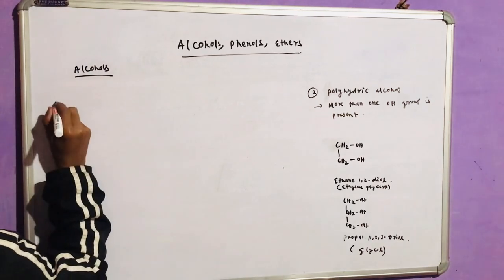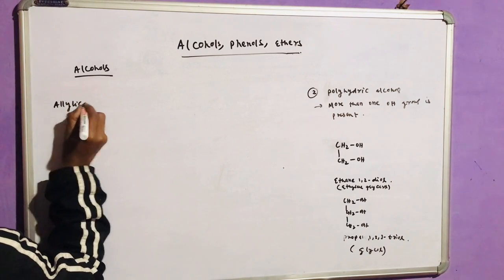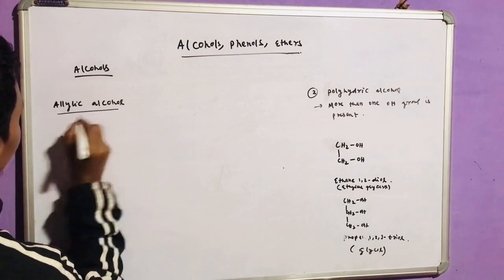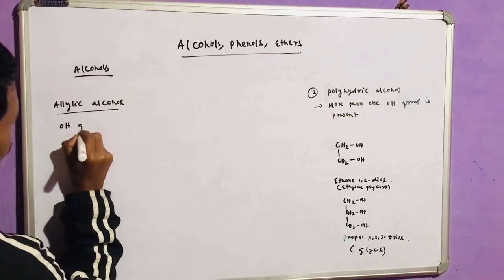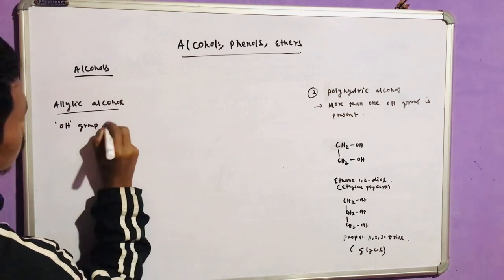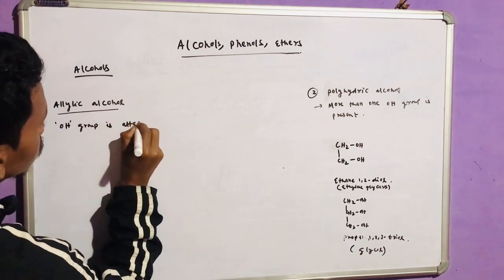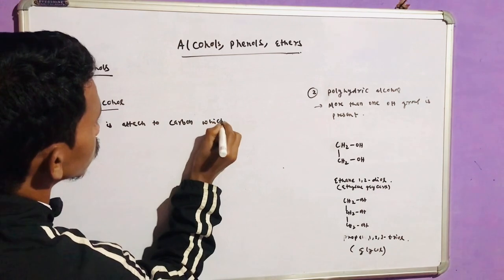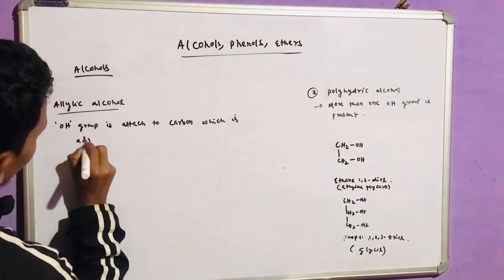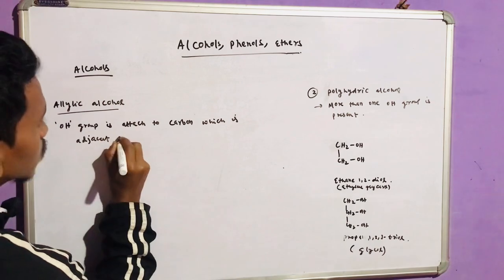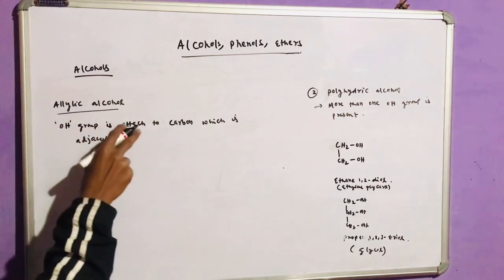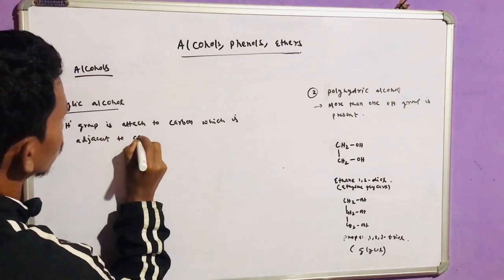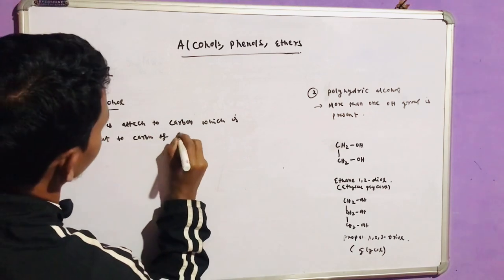So one is allylic alcohol. What do you mean by allylic alcohol? It means the OH group is attached to a carbon which is adjacent to the carbon of a double bond.